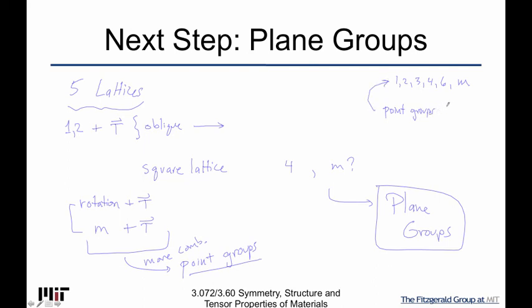And we're going to add things like, etc. And then we're going to discover, by accident, but we're going to do it on purpose, another one called the glide operator, which is not here yet. So we're going to develop these point groups, and when we stick them in the lattice, we're going to create eventually 17 plane groups. And we'll review this again, so if this seems a little confusing.